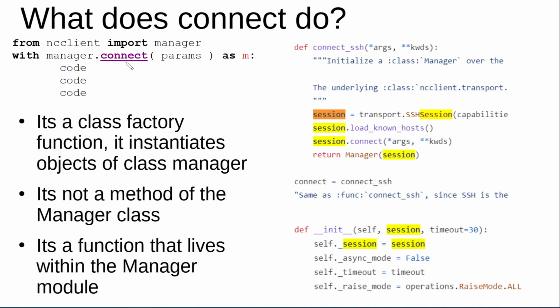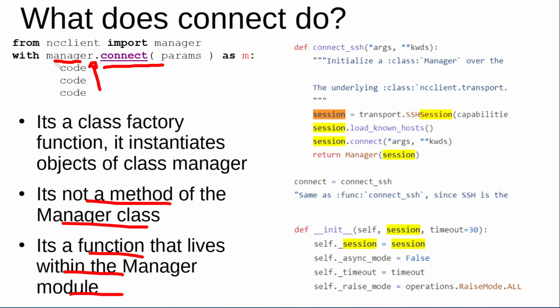What exactly does connect do? It is not a method of the manager class, because you can have that feeling that it is a method since you see a dot here and you see manager here, but it is actually a function that lives within the manager module.